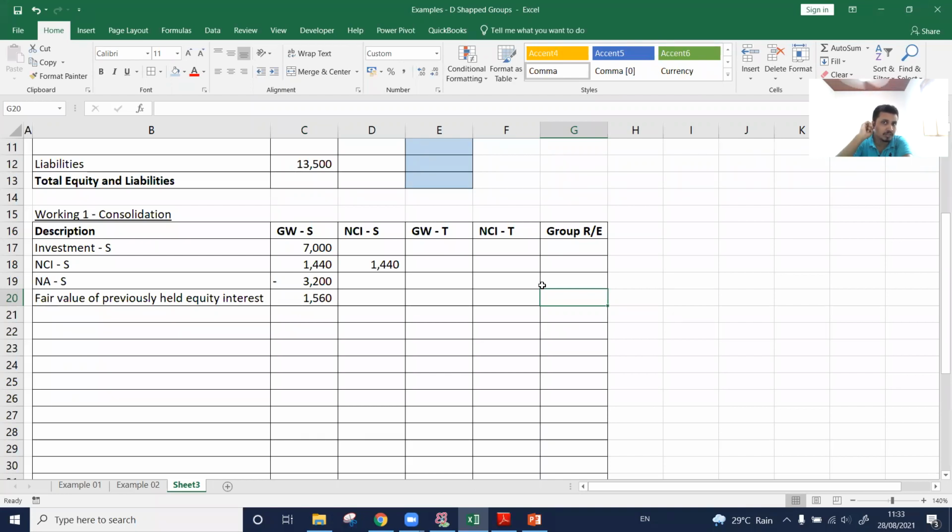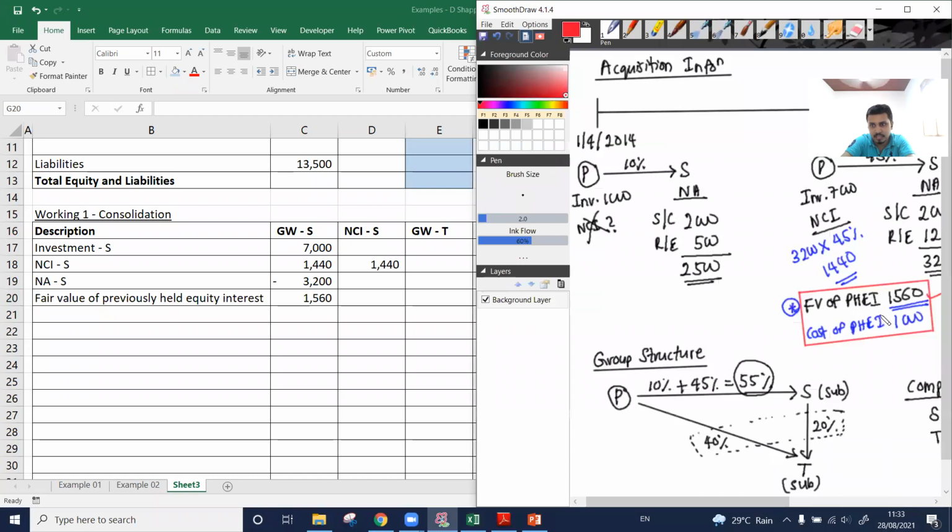The cost was 1,000 and once we assess the fair value it was 1,560.